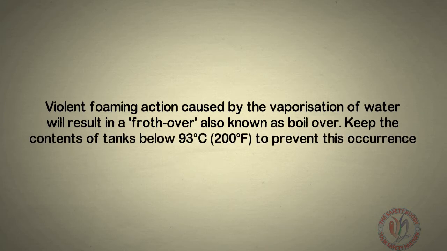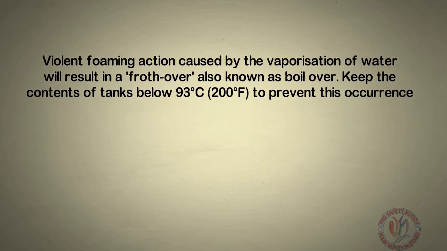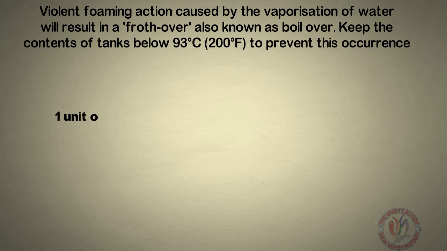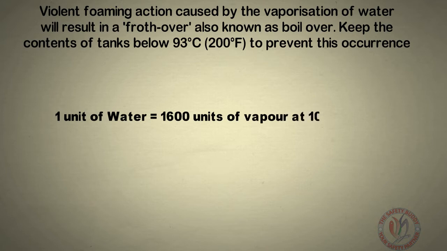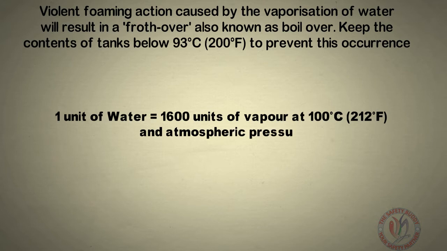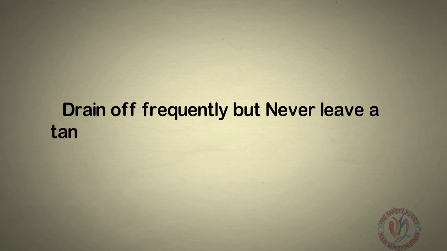Keep the contents of tanks below 93 degrees Celsius, or 200 degrees Fahrenheit, to prevent this occurrence. 1 unit of water produces 1,600 units of vapor at 100 degrees Celsius, or 212 degrees Fahrenheit, and atmospheric pressure. Drain off frequently but never leave a tank unattended when draining off water.